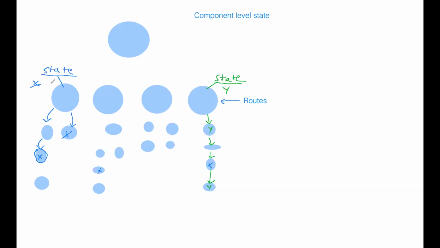What happens is there's no way to share state sideways. It has to come top down. So we do what's called lifting up state, where we move this state to be managed by this common ancestor component.